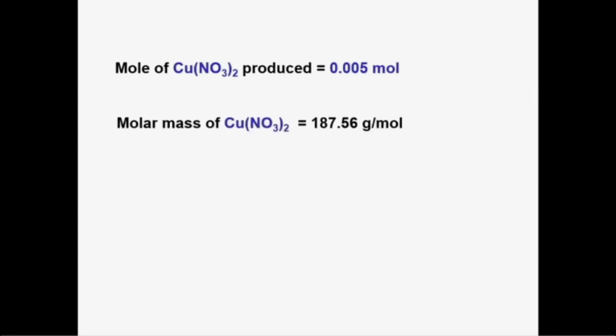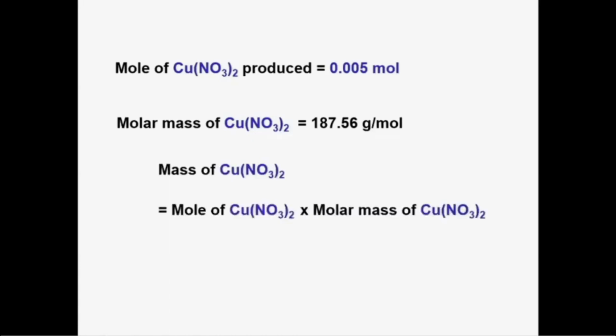Right. Okay, and then we are going to determine the mass of this copper 2 nitrate produced in this reaction. Alright, so we are going to use the molar mass of copper 2 nitrate, which is 187.56 grams per mole. So mass of copper 2 nitrate equals moles of copper 2 nitrate times molar mass of copper 2 nitrate.